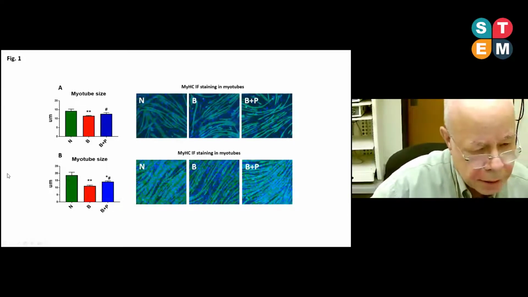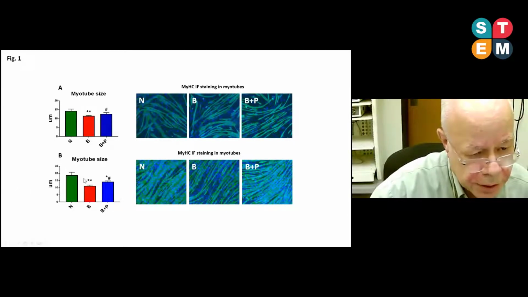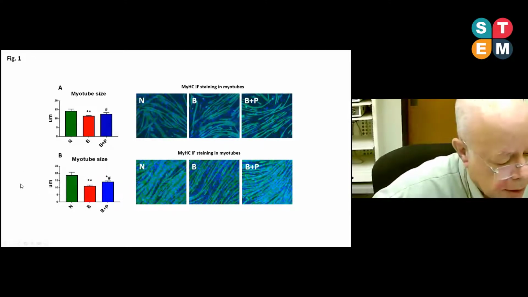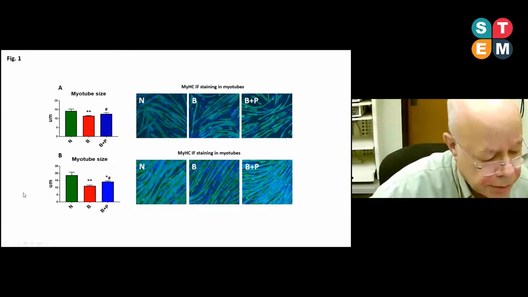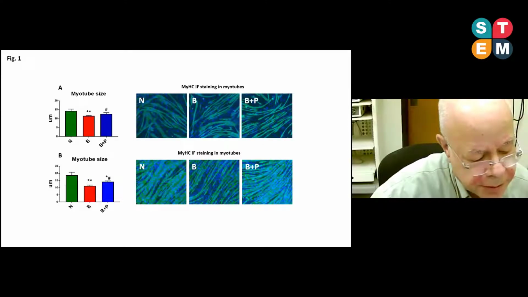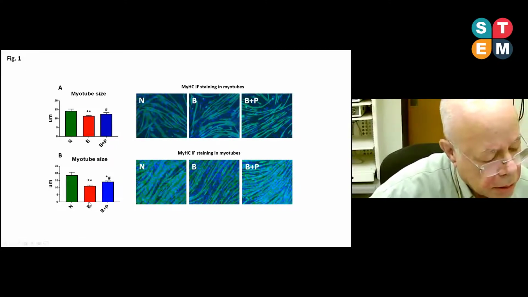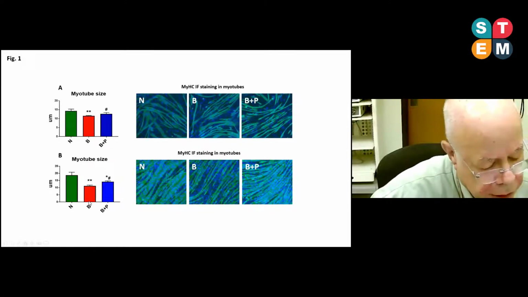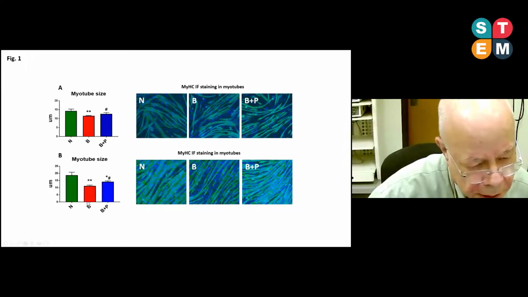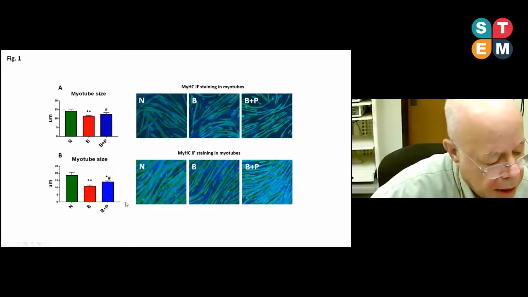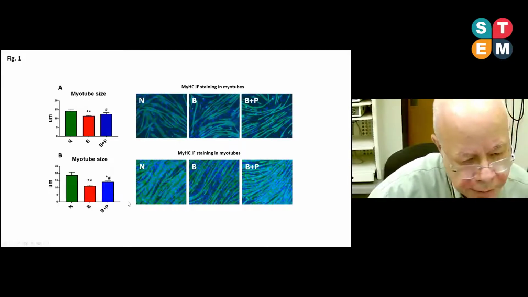So this slide shows, this is a 5% serum, this is 1% serum. This slide shows the results of myotube size after culture of these mouse myoblasts with serum from normal children in green, burn patients receiving placebo in red, and burn children receiving pamidronate in blue.